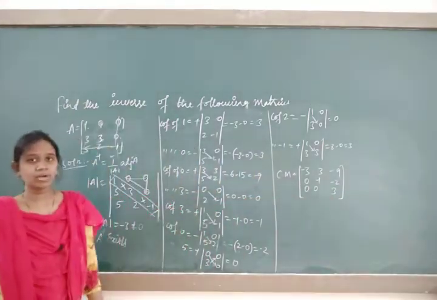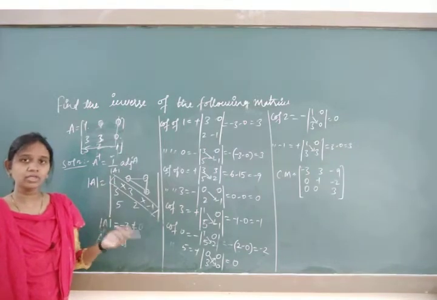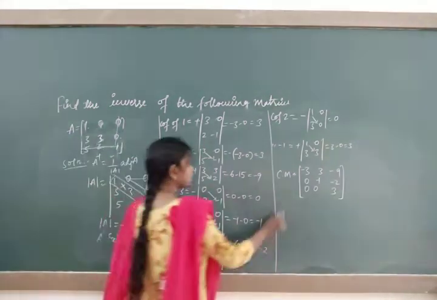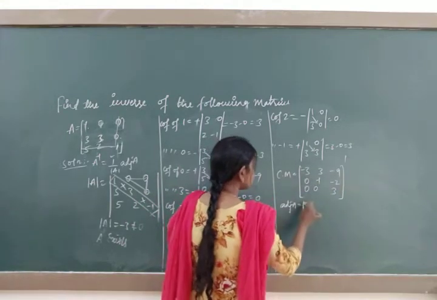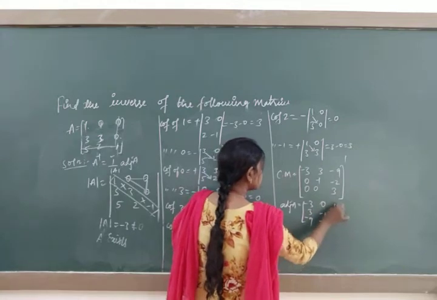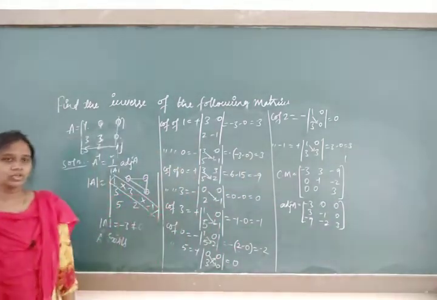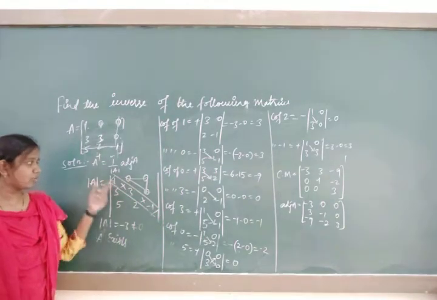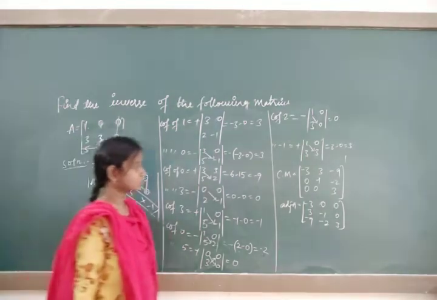This is the cofactor matrix, but in our formula it's adjoint A. How to take the adjoint? Take a transpose. Adjoint A is equal to the transpose of minus 3, 3, minus 9, 0, minus 1, minus 2, 0, 0, 3. So this is adjoint A, but the actual formula is 1 by determinant A into adjoint A. Substitute there.